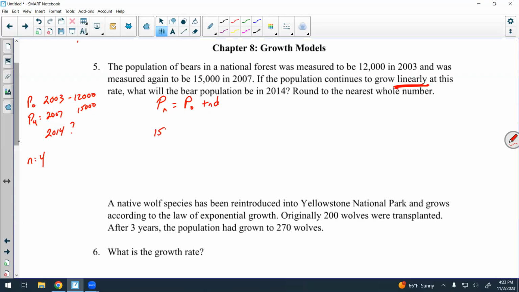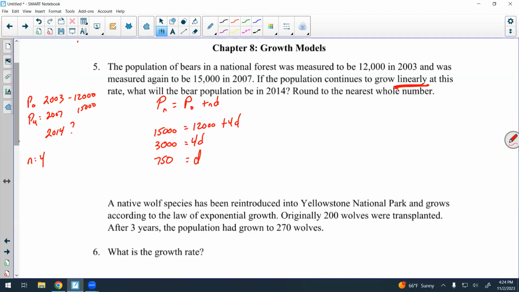So I have 15,000 equals 12,000 plus 4D. Subtract 12,000 from both sides. 3,000 equals 4D. Divide by 4. 750. So now, how many years between 2003 and 2014? 11. So now N equals 11.